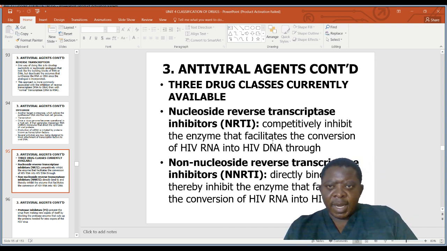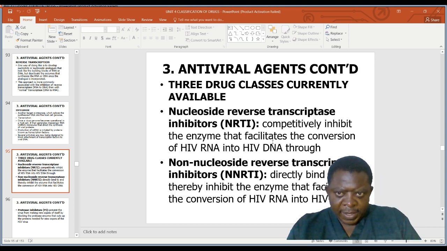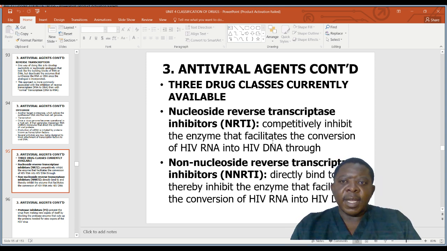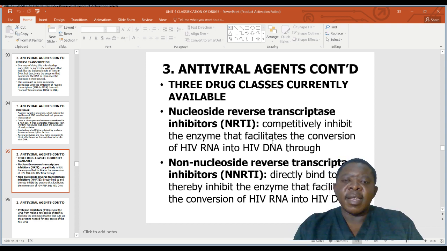So the drug classes currently available include the nucleoside reverse transcriptase inhibitor, which competitively inhibits the enzyme that facilitates the conversion of HIV RNA to HIV DNA. Because the HIV virus itself is RNA by nature, for it to join into the host DNA, it has to be converted to DNA using the enzyme reverse transcriptase.